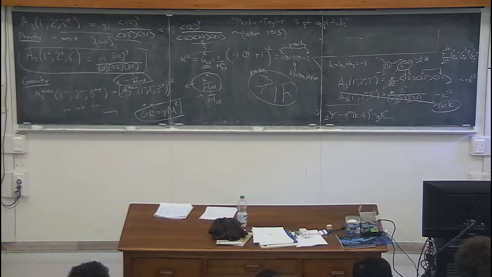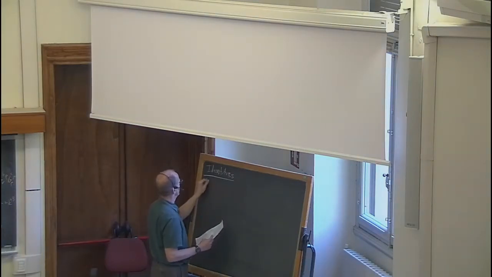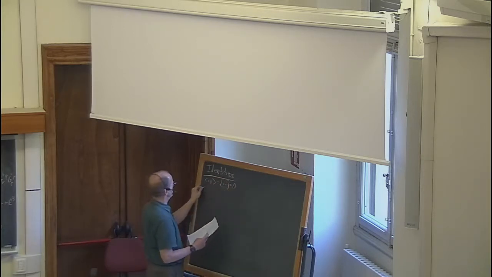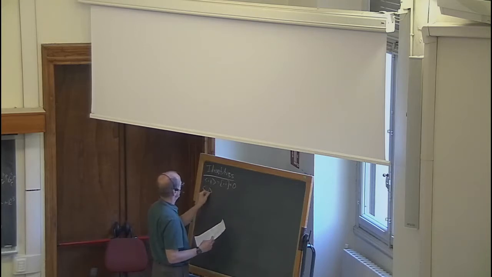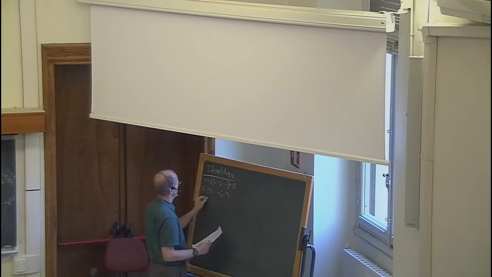And some of these I wrote already. So these angle brackets are always 0 if it's the same particle, and that's because of the anti-symmetry when you exchange the two particles.